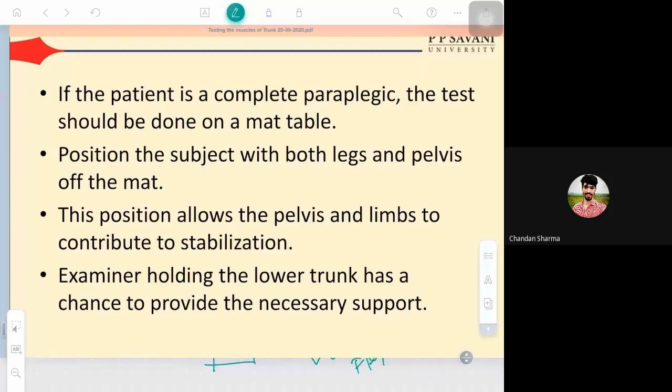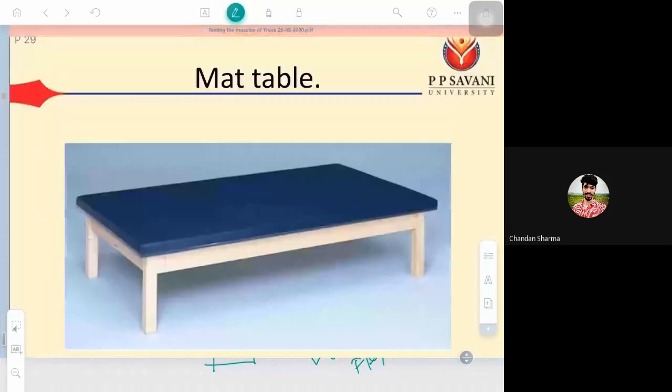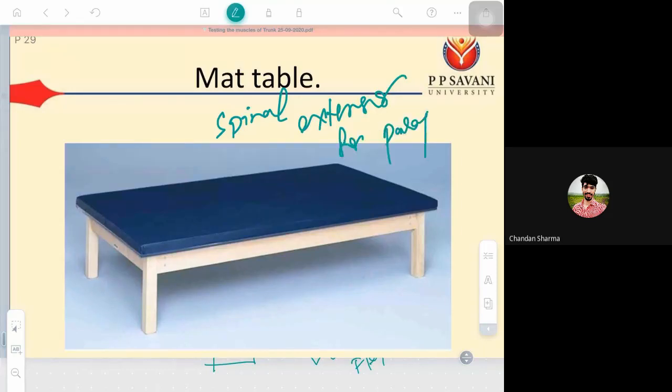Here. So what is mat table? This is called mat table. So you will use this table to evaluate the spinal extensors for a paraplegic patient. Yes, for a paraplegic patient, you will use this table.